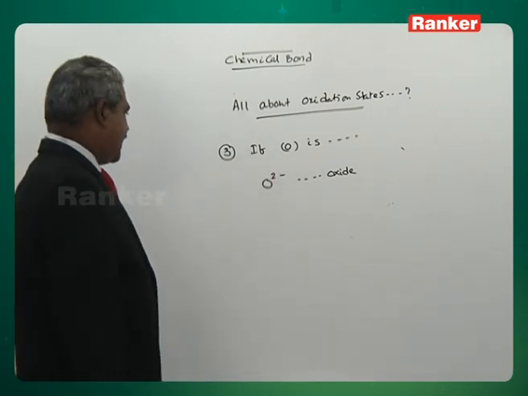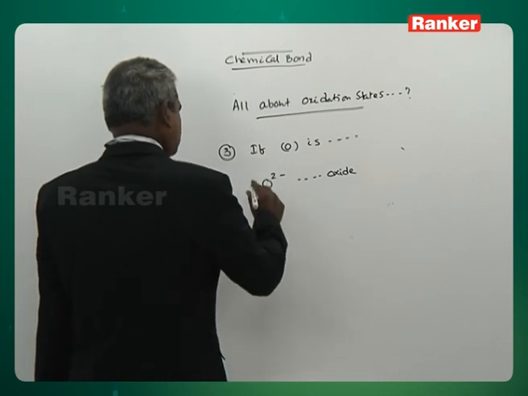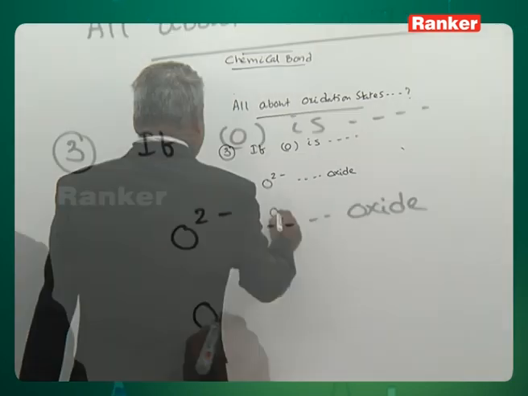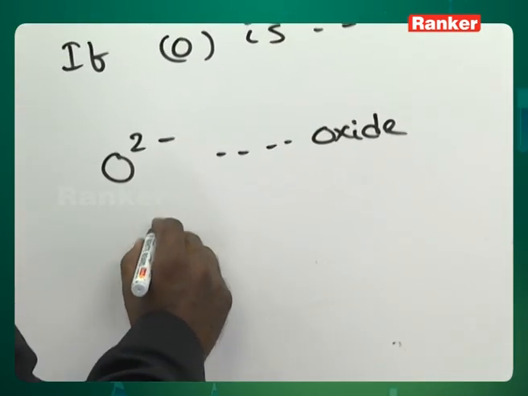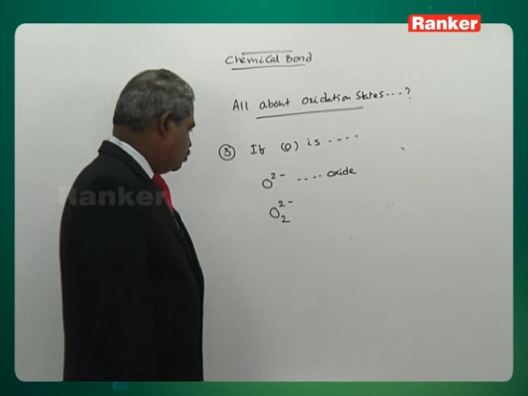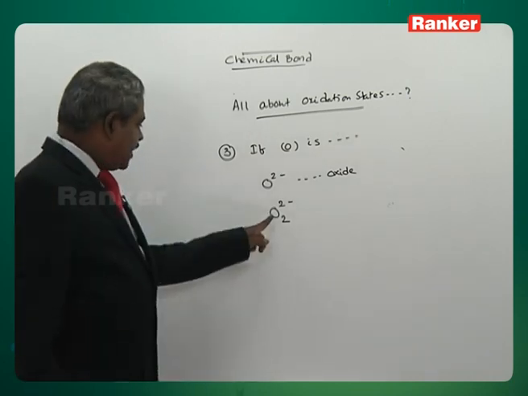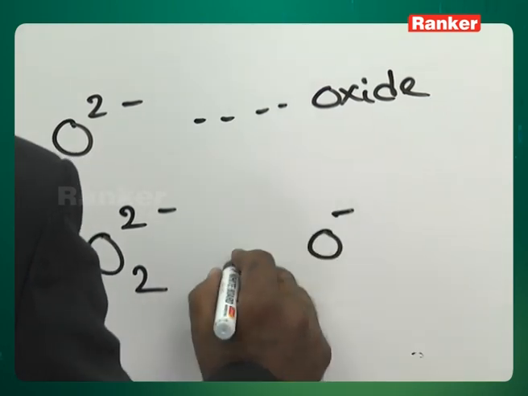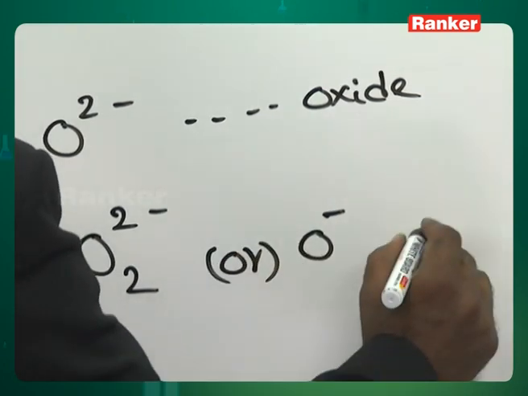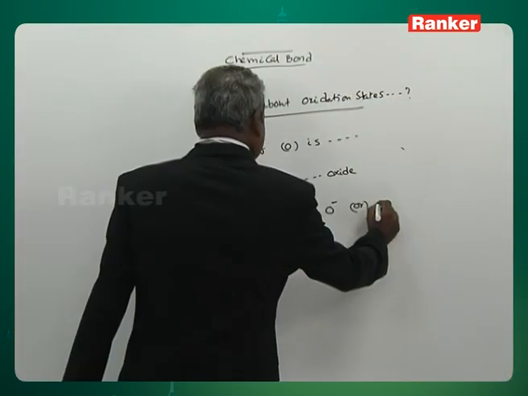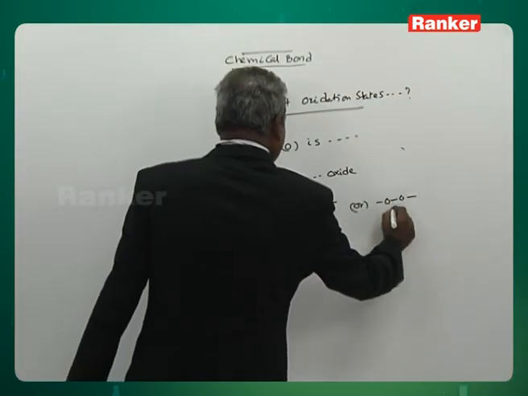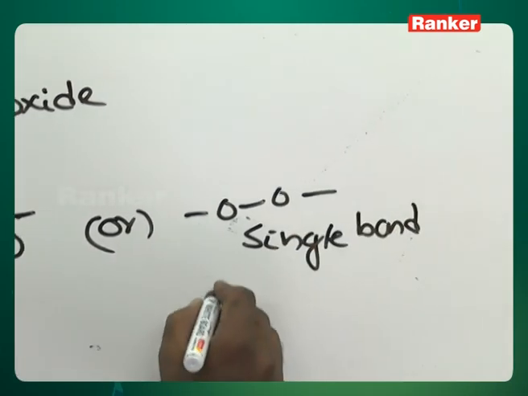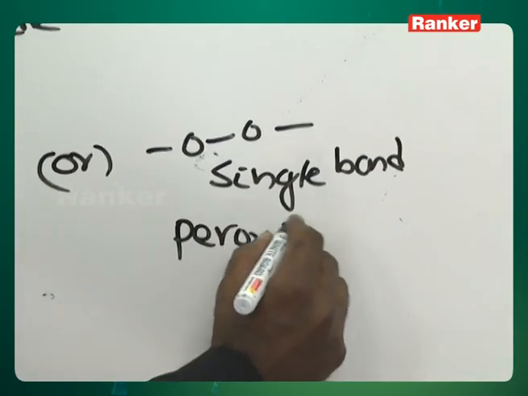If oxygen gets O2 2 minus, what do you mean by O2 2 minus? Two oxygen atoms getting 1 electron each, that is O minus for each oxygen, with an oxygen-oxygen single bond. Whichever compound has an oxygen-oxygen single bond is called a peroxide.